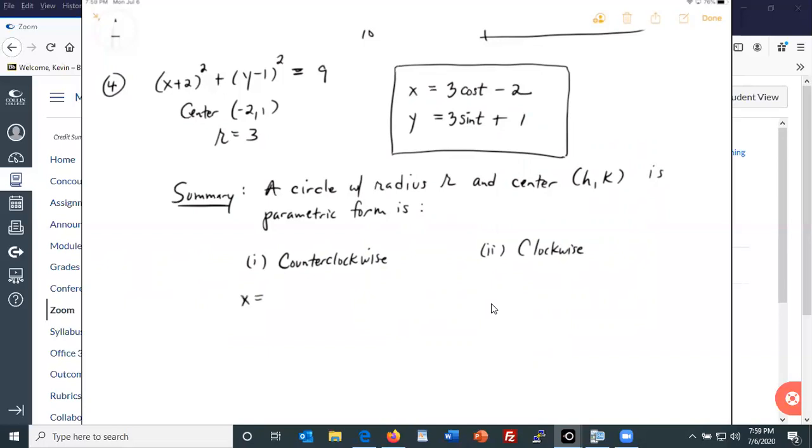All right, so it's going to be x equals radius times cosine of, now here I'm going to throw in one more variable at you, a w times t, plus h. And y equals r times sine of wt plus k.